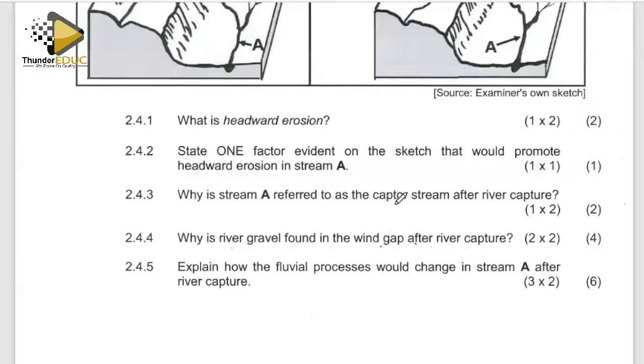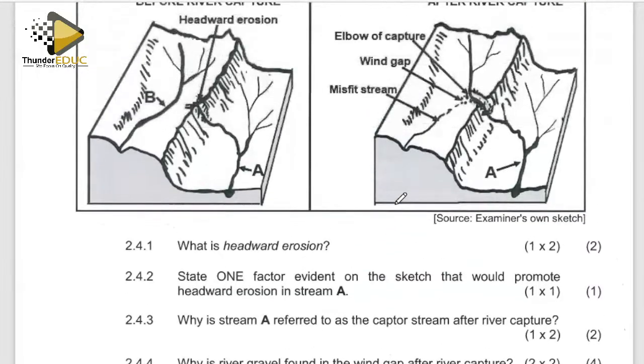Right, this stream A is flowing over a low-lying area, and there's a steep gradient towards the watershed.